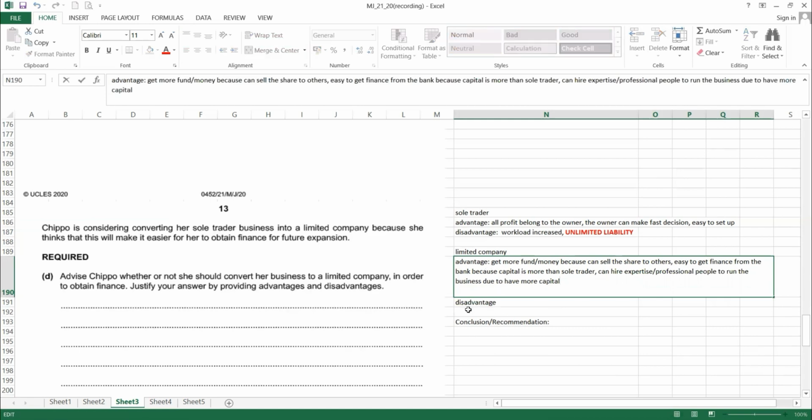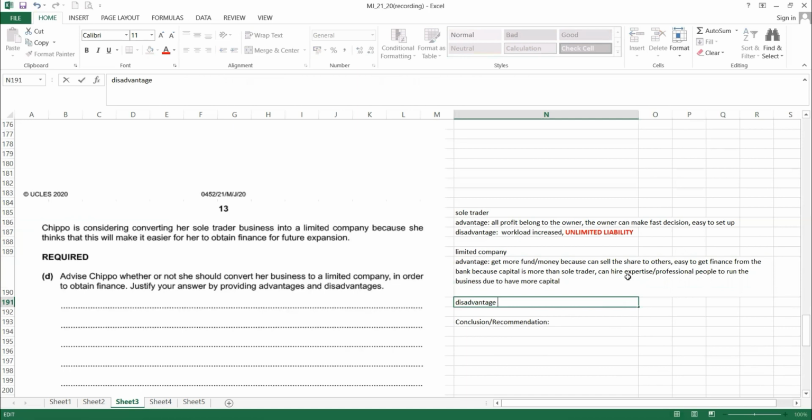Okay, now next, the disadvantage. When you incorporate a limited company, the cost of incorporation is high, more expensive, because you need to have the statutory audit and statutory tax submission.